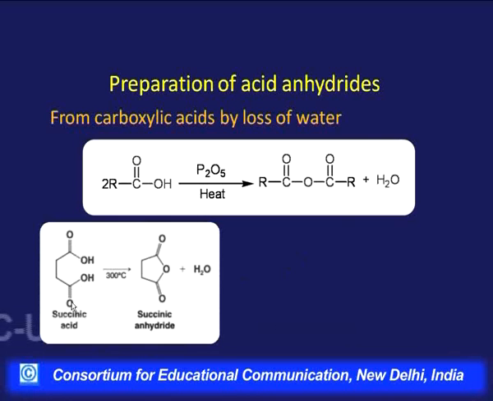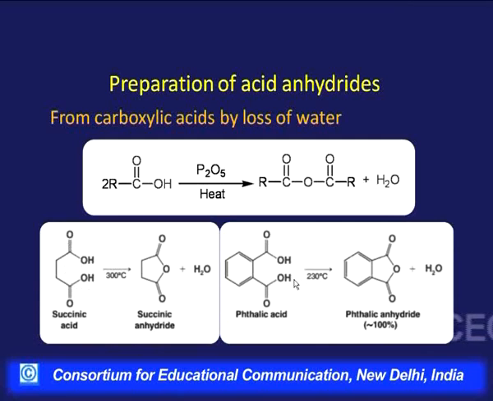And if we have carboxylic acids which have two carboxylic groups on them, that is dicarboxylic acids, and they are suitably placed, on simple heating they lose a water molecule, like succinic acid will give succinic anhydride, or phthalic acid on heating again loses a water molecule and we get phthalic anhydride.